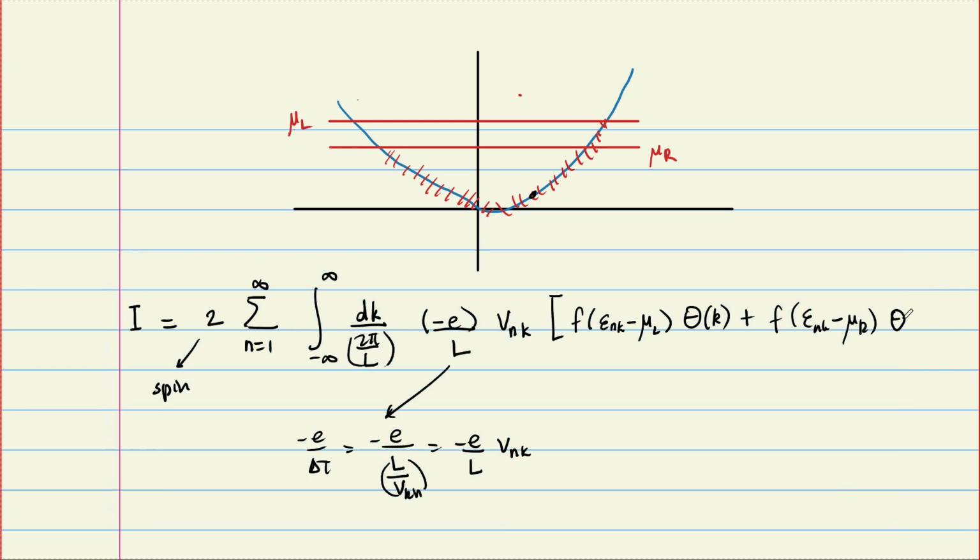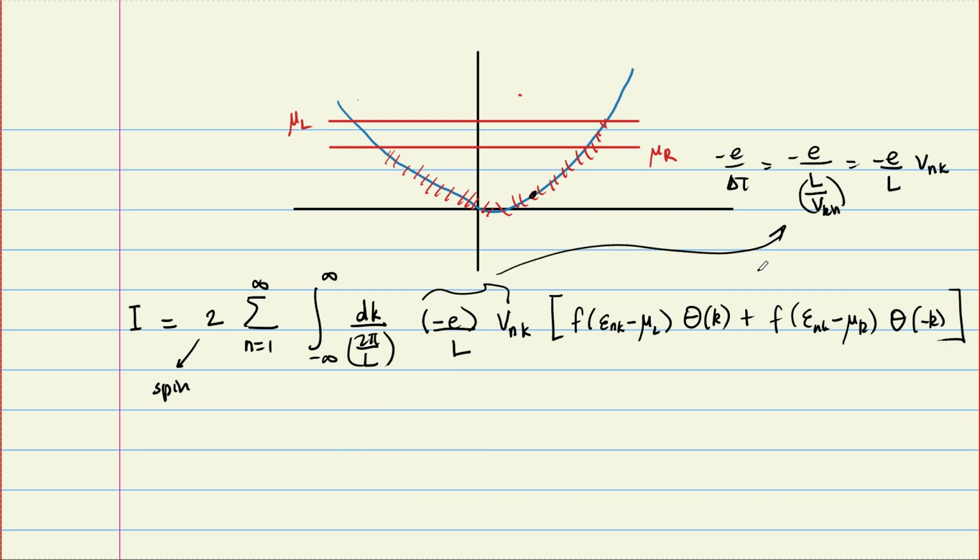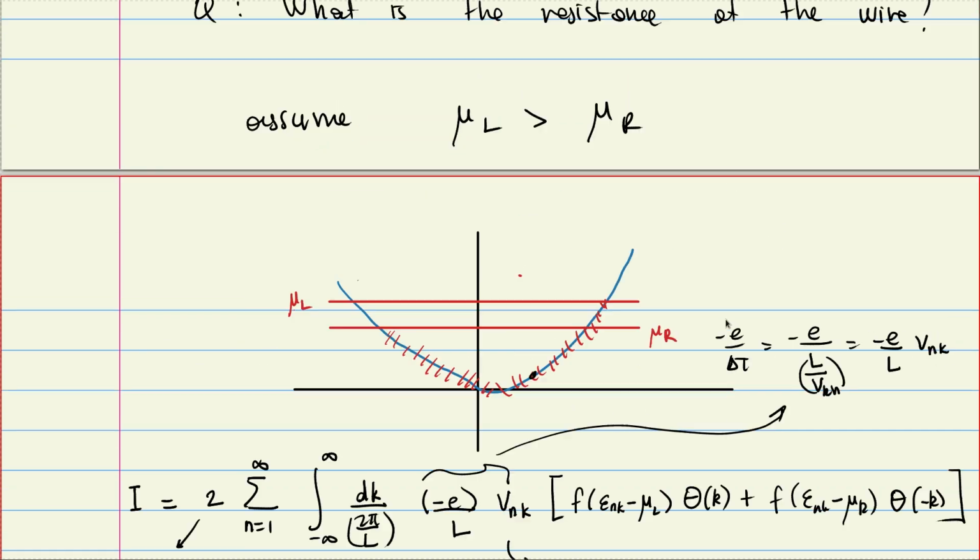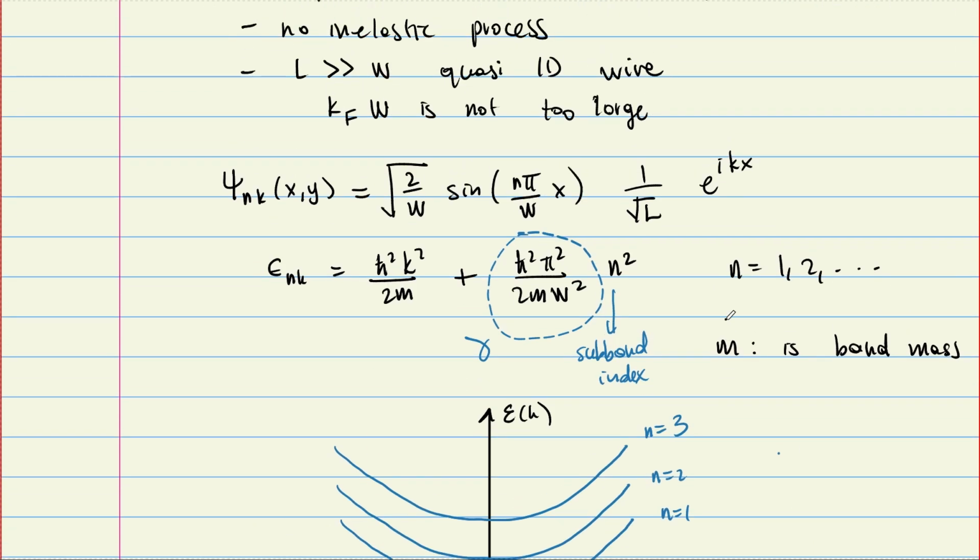And this one should be moving to the left, minus k. Now this v is the group velocity, which is 1 over h bar d epsilon n k dk, and from this relation we can see that the group velocity does not depend on index n. The derivative is only taken with respect to k.